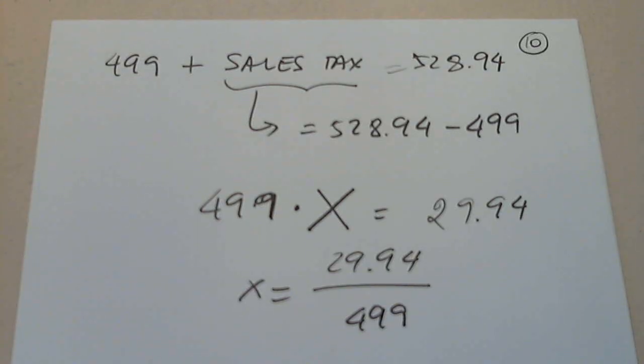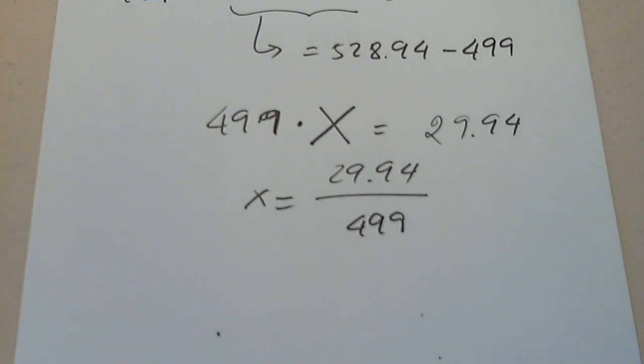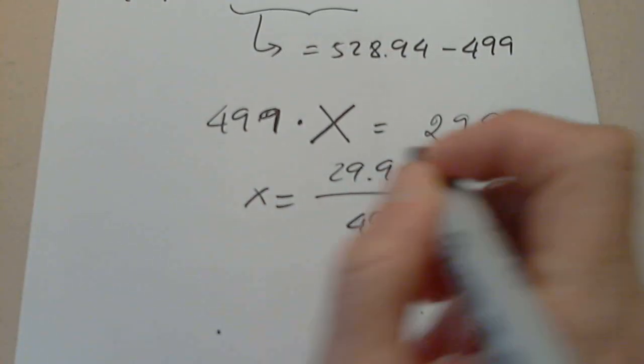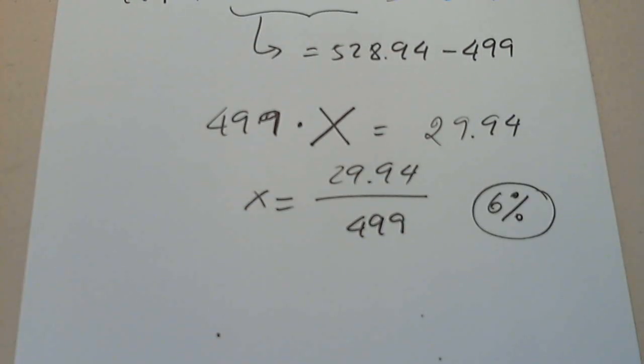So let's see what we get. 29.94 divided by 499. Good. So what is the sales tax rate? The whole sales tax was 29.94 added to 499. But what is the percent in that state? 6%. Yes, that is 6%. Very good.